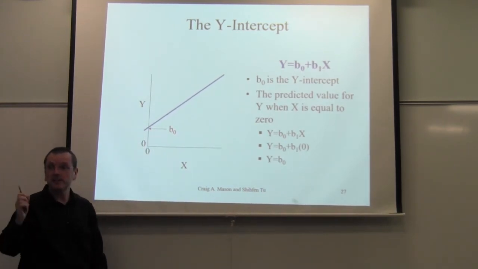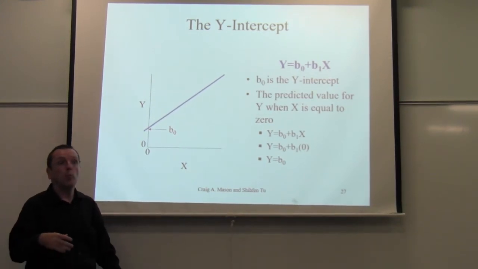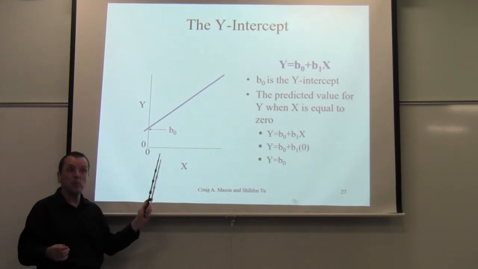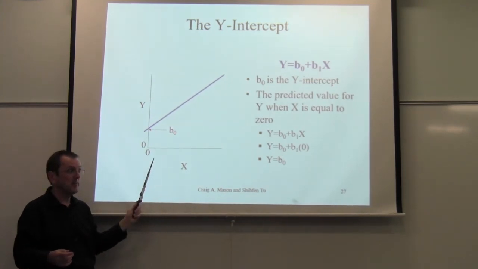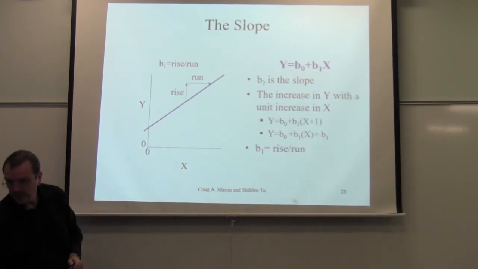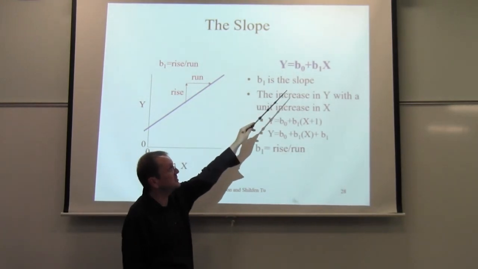So if I study 0 hours a week, what's my predicted GPA? 1.3. So b0 would be 1.3. B1 is what's called the slope.